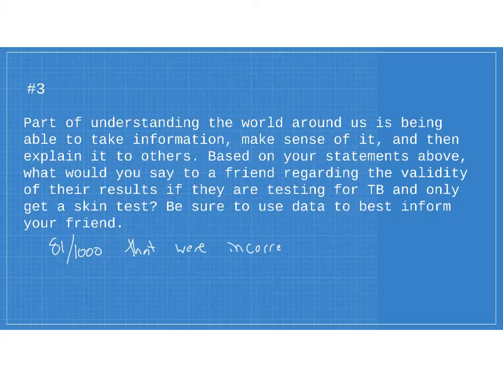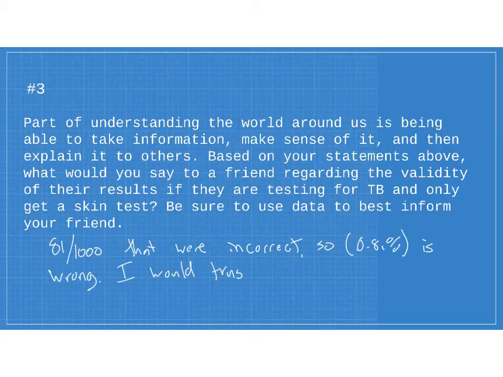You could be that 81, but what is that percentage? 0.81%. Less than 1% of the time they're incorrect, which means more than 99% of the time, this test is correct. So I would say I would trust this test.